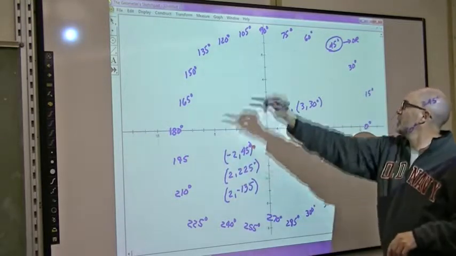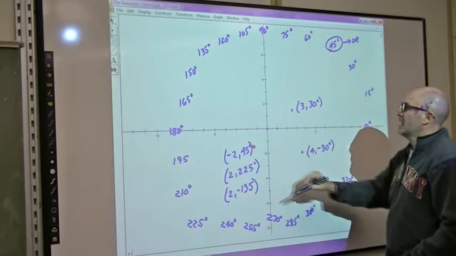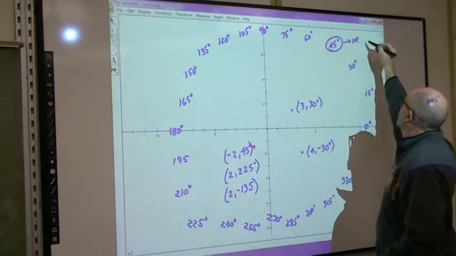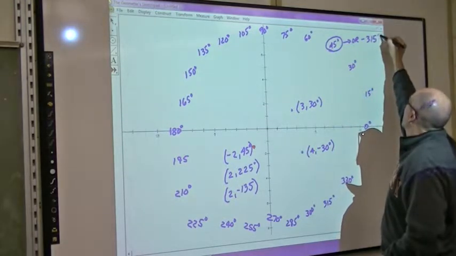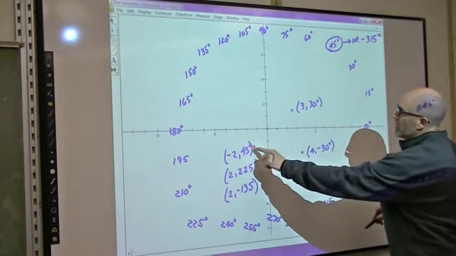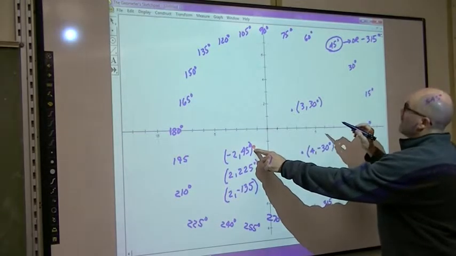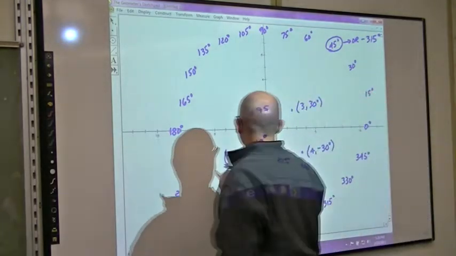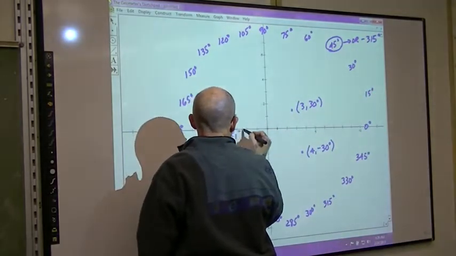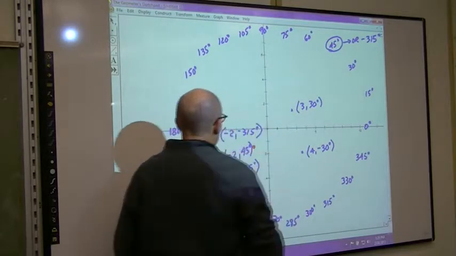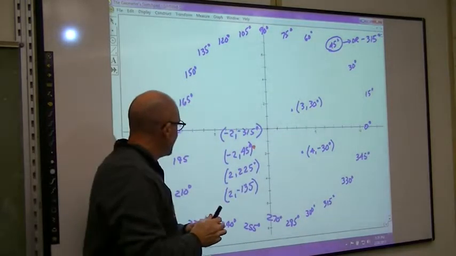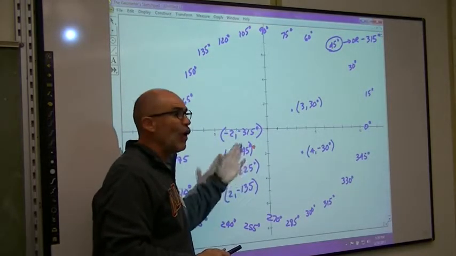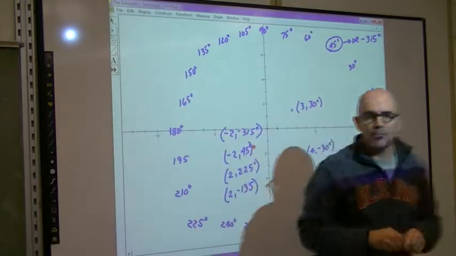If I'm going around this way, then this would be negative 180, negative 270, negative 315. So I'm going to talk about this point right here as (negative 2, negative 315). So notice I've got positive-positive, positive-negative, negative-positive, negative-negative, all to identify the same point.